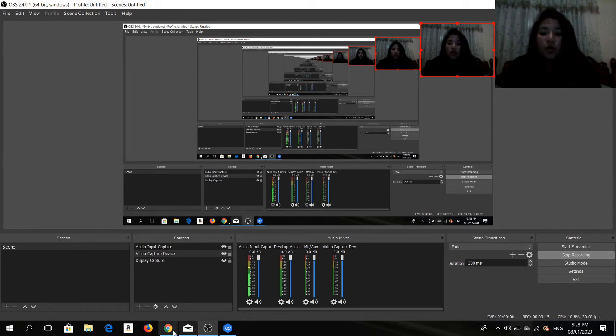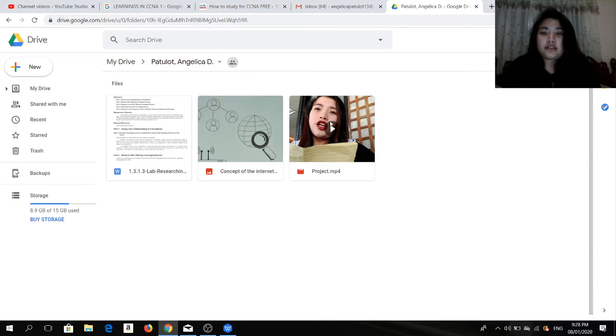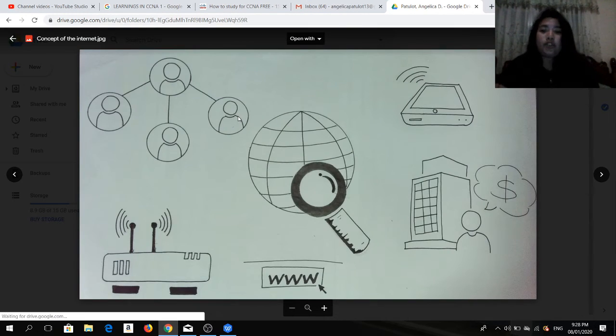So, let's go to my own concept of the internet. In this illustration, you can see a representation of persons that are being connected with each other.